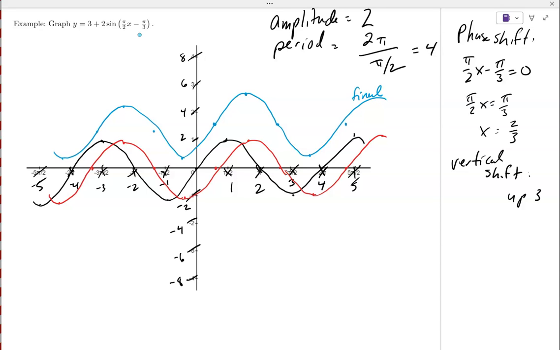First 4 will be labeling amplitude, period, phase shift, vertical shift, and the last part will be getting the graph down. Any questions about how we got those individual things? That part okay?